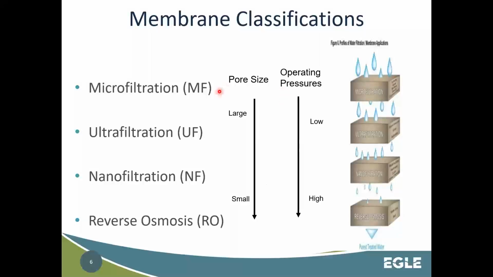So again, this just shows, as you could imagine, the smaller the pore size or the tighter the membrane, the higher operating pressure will be required. So RO that has the smallest pore size requires the highest driving pressure to essentially push that water through.